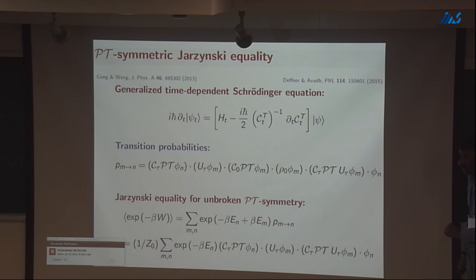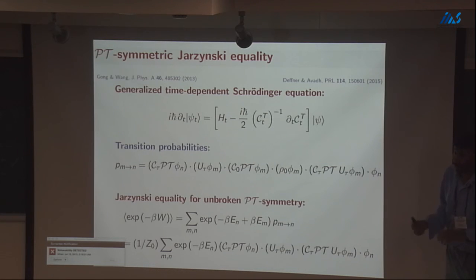Will you also be able to show the Jarzynski equality? That's a very good question, because here we assume this is a closed system, so it has to be unitary or at best unital. But if you go beyond that, then it's an open system, and I don't have an answer yet.